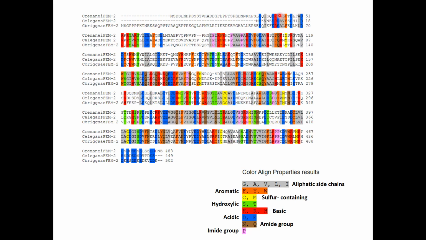So the amino acids present in this column are not identical, but they are similar because these two amino acids are acidic in nature. Similarly here, there are glutamic acid and aspartic acid.